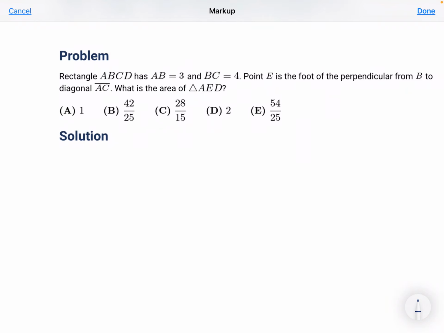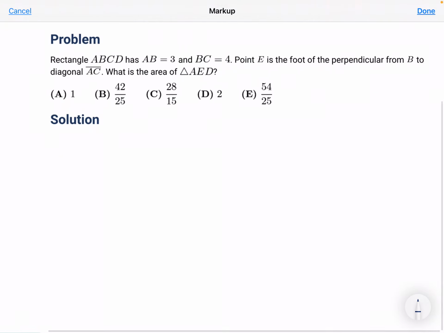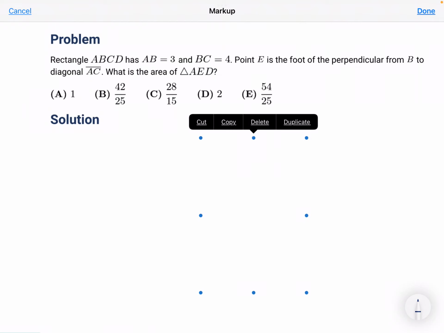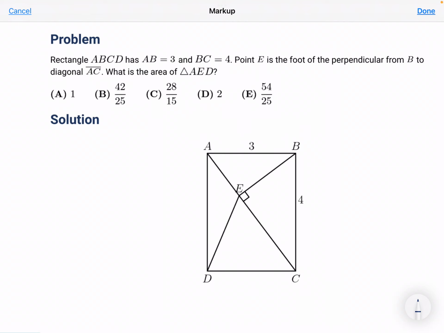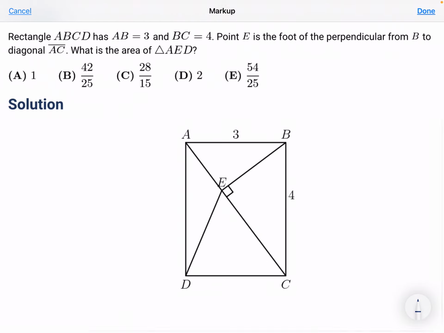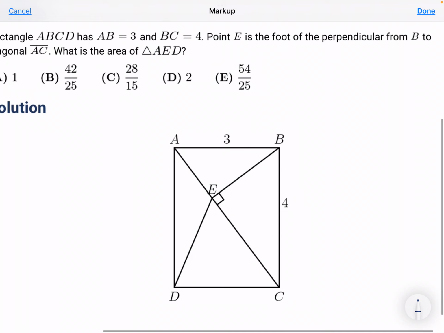What does it mean? More importantly, what does it look like? Since I'm drawing this digitally, I would probably mess up the diagram. So here is a digital diagram I got off of the Art of Problem Solving website, which was what I drew when I tried to solve this problem on paper.